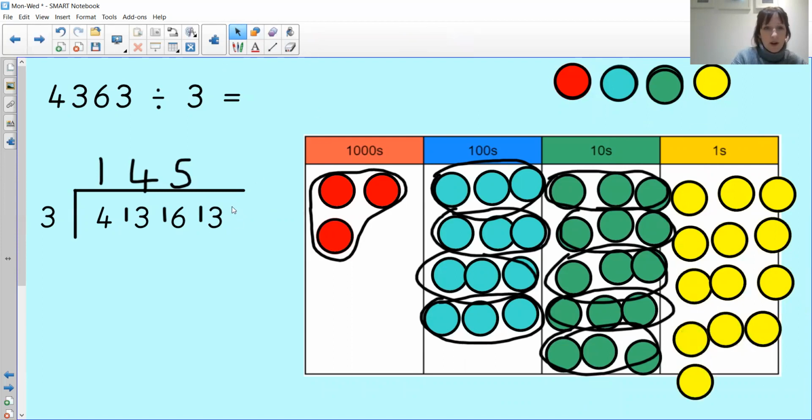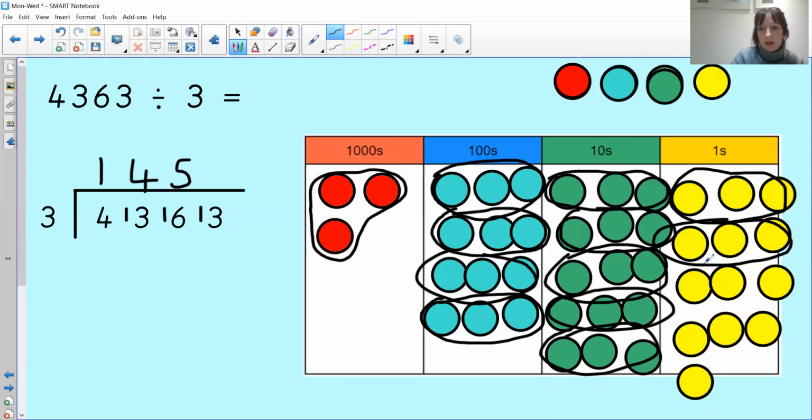So now I've got 13 ones. If you have a look back, look, we've already done that. We've already worked that out, haven't we? That's one group of 3, 2, 3, 4 groups of 3 I can make out of 13, and I have 1 left over, which is my remainder.